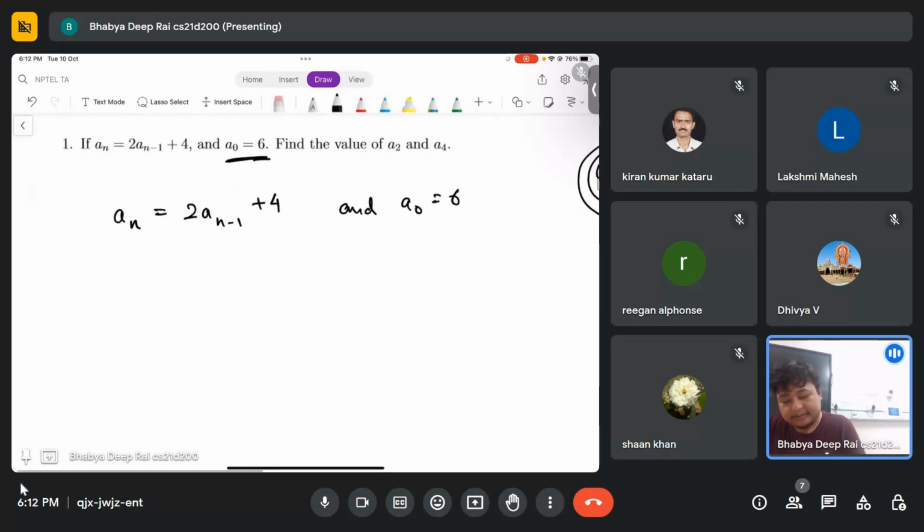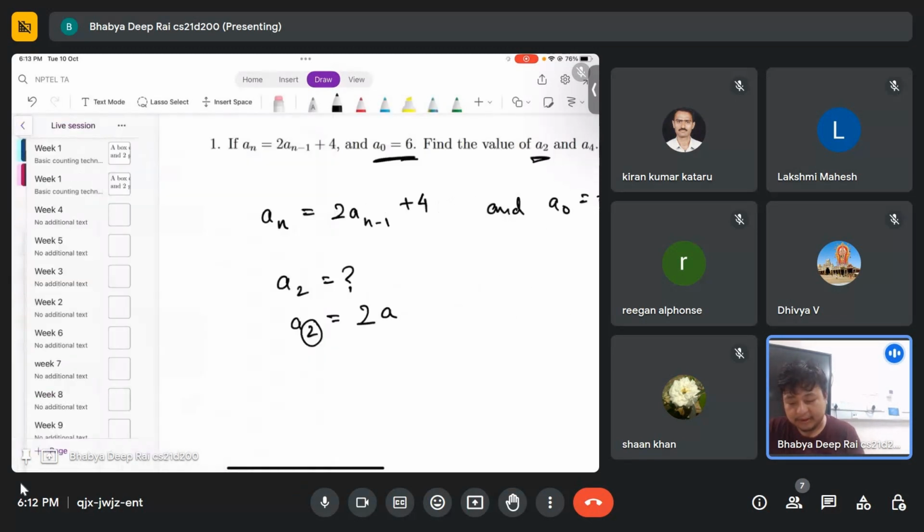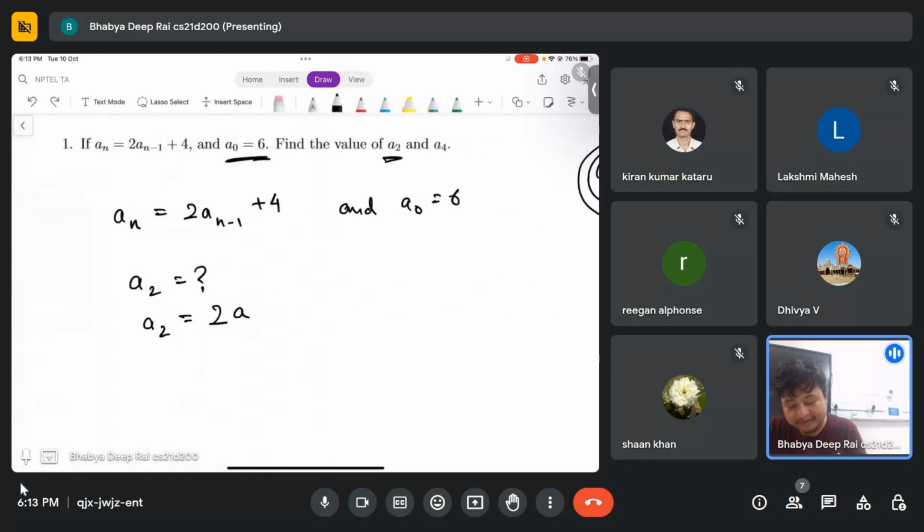Now we find the value of a_2. That is what we need to find. According to the definition, a_2 is just 2a_{n-1} plus 4, and in our case n is 2. So it is 2a_{2-1} plus 4, which is equal to 2a_1 plus 4.